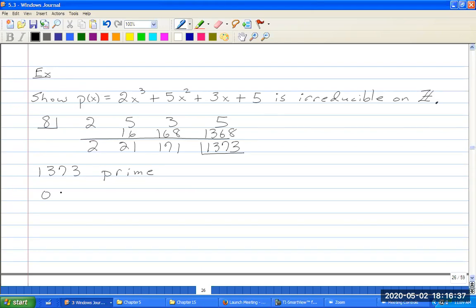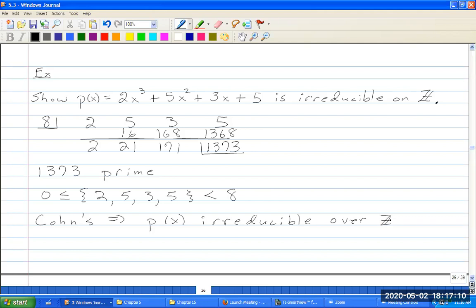And all the coefficients, 2, 5, 3, and 5, are all less than 8. And so Cohn's irreducibility criterion says that this polynomial is irreducible over the integers. And that's what you wanted to show.